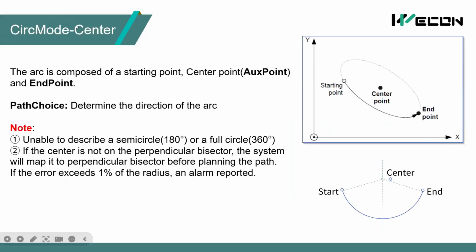Second is center mode. In this mode, we use start position, end position, and center position to get our curve. And now our aux point is our center position. And now this parameter path truth will take effect.